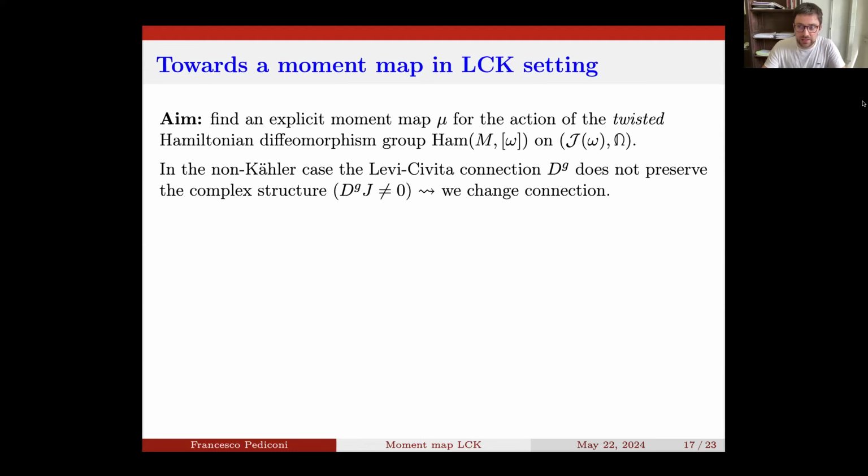And since in the Kähler case the moment map turned out to be the scalar curvature, here we expect that the scalar curvature can play, in a sense, the role of our moment map mu. However, since here the setting is non-Kähler, it turns out that the Levi-Civita connection does not preserve these complex structures.